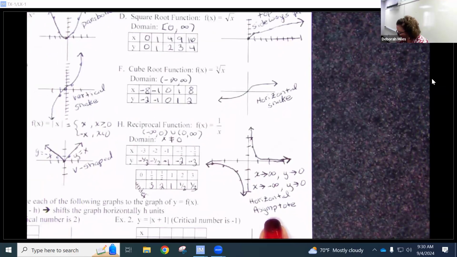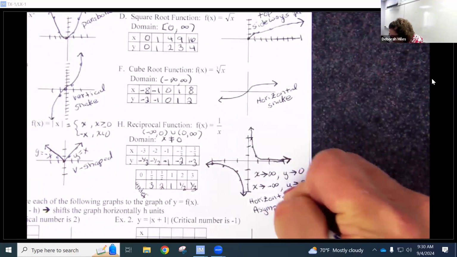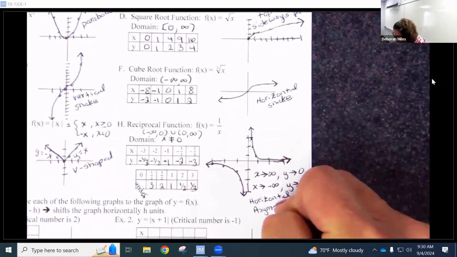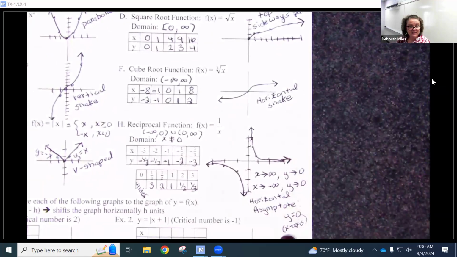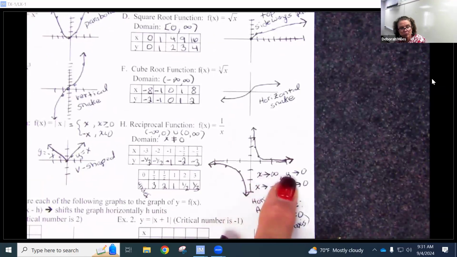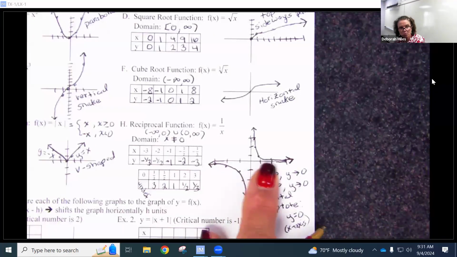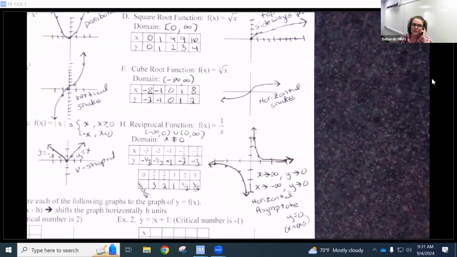The horizontal asymptote for the reciprocal function is y equals 0, better known as the x-axis, because that's the horizontal line the graph is approaching as x goes to +infinity or negative infinity. We'll talk more about asymptotes later. That's all I want to say about them right now.